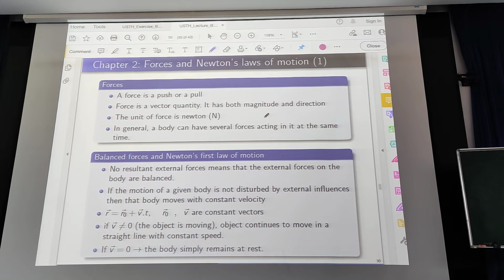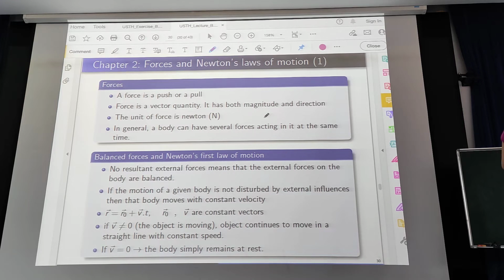So in this case, I am acted on by many forces, but the resultant is zero. The resultant means I take the vector sum of all the forces acting on my body.